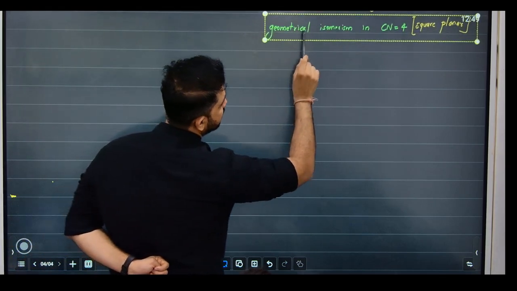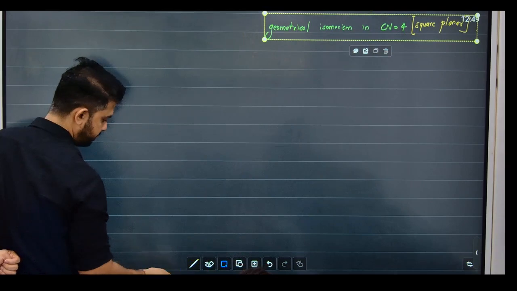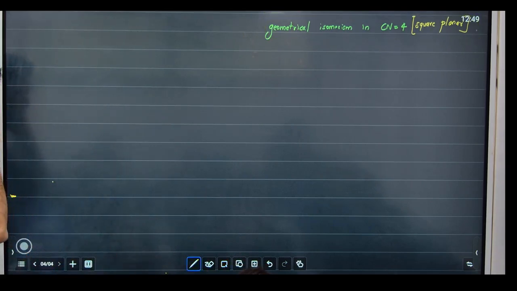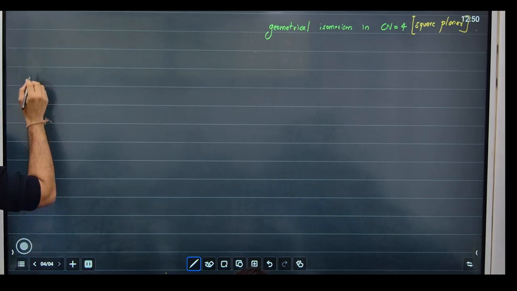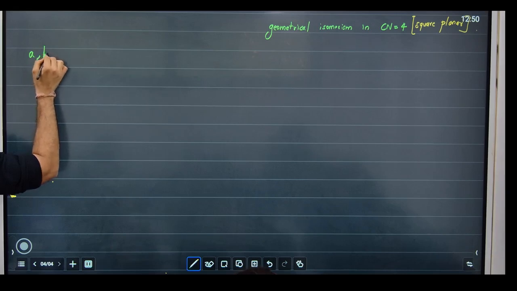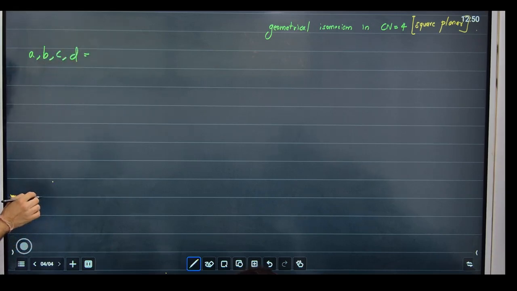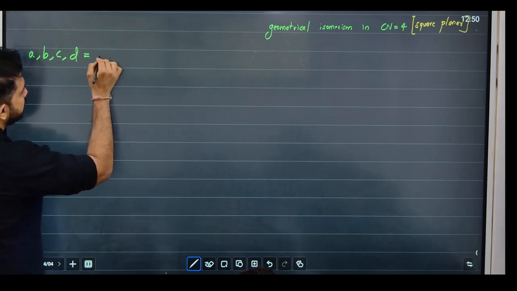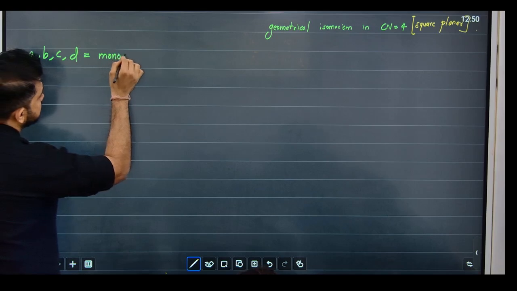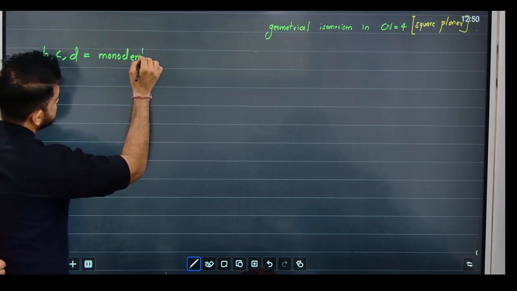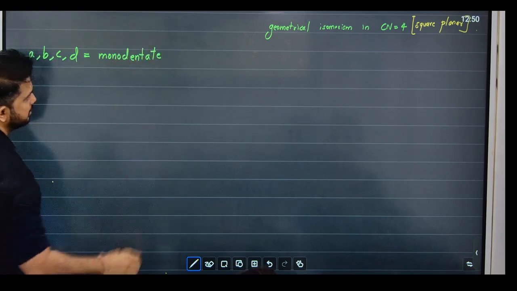Now, before we get into isomerism, थोड़ा सा एक दो terms याद रखना है. Wherever we write small a, b, c, d, these represent monodentates. ठीक है.